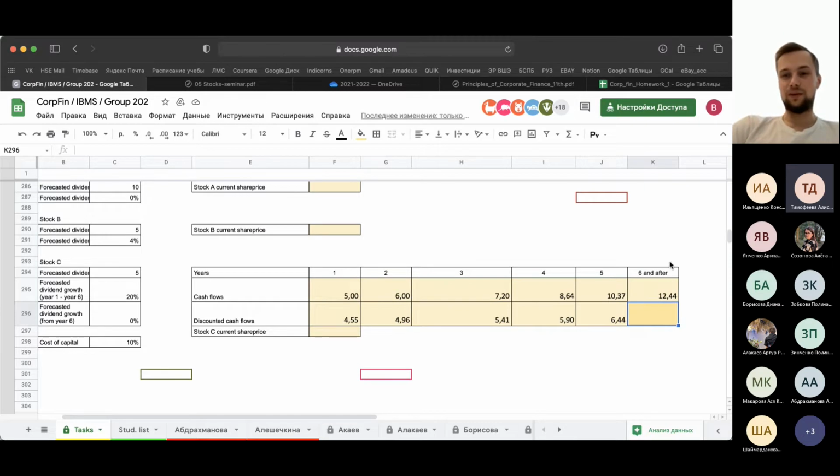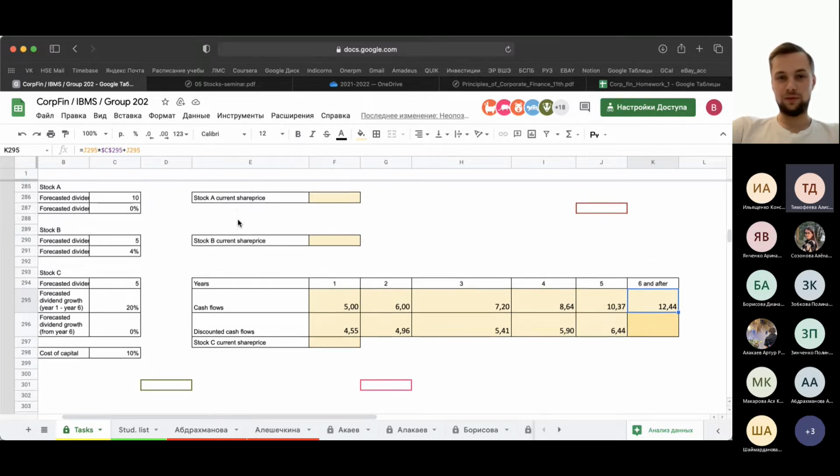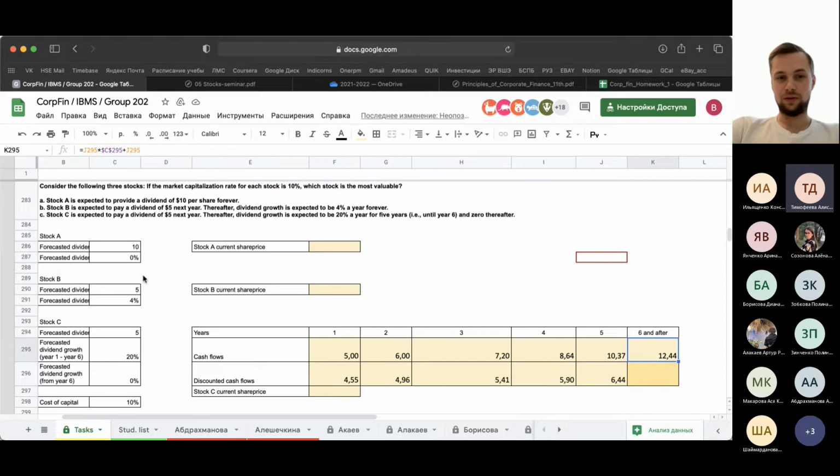After the 6th year, starting with the 6th year, we are going to have the same dividend in perpetuity. So we are going to have 12.44 to infinity, right? How do we value stocks in this case usually? We can use the formula from the previous calculations for stock A and stock B, right?